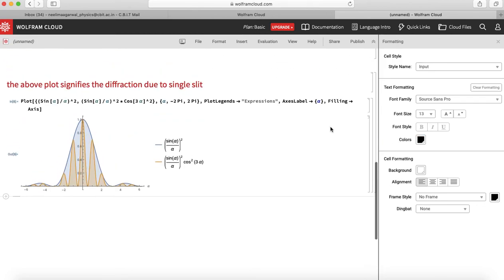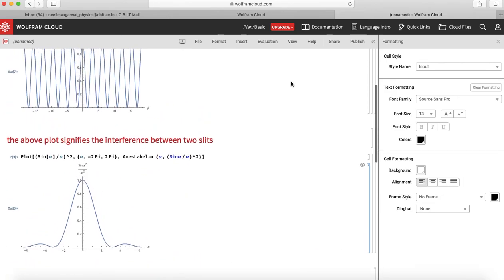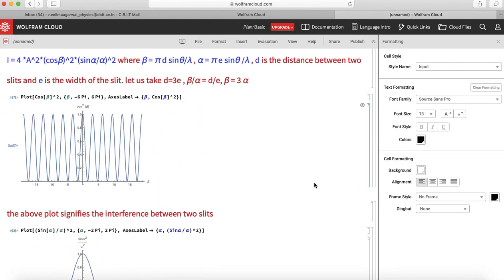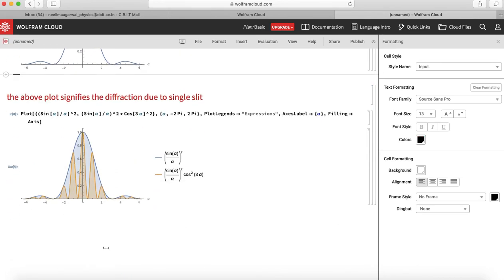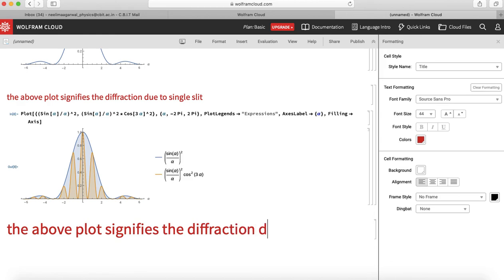Okay, so now, I was telling that this signifies the interference due to two slits, this signifies the diffraction due to a single slit, and the above plot signifies the diffraction due to double slit.